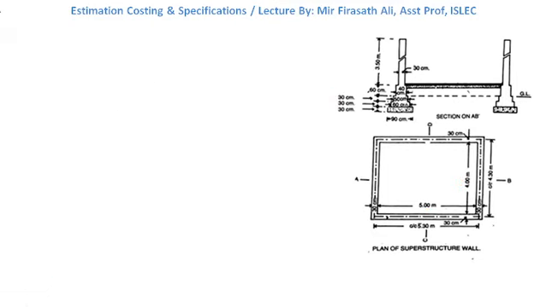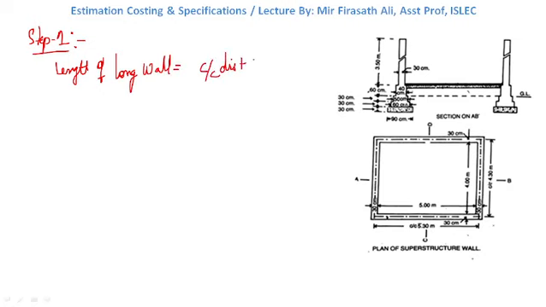How to determine the length? Step 1 is the determination of long wall and short wall. What is the length of long wall? Length of long wall is center to center distance plus 1 breadth.